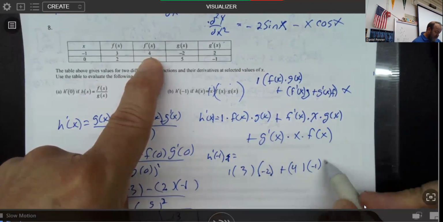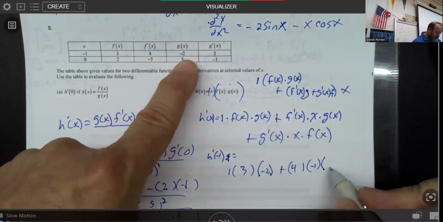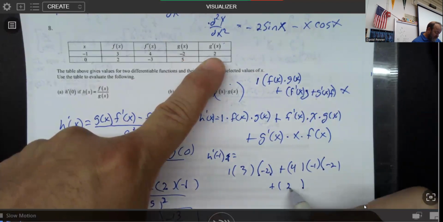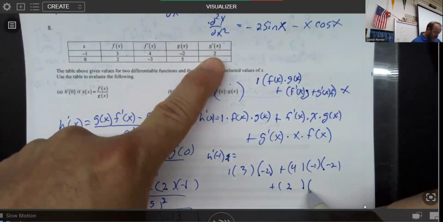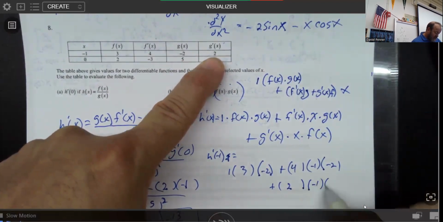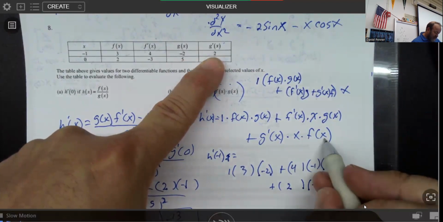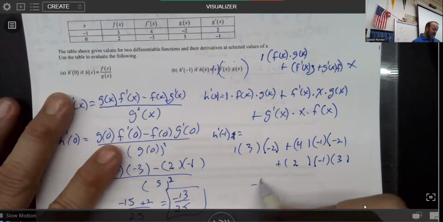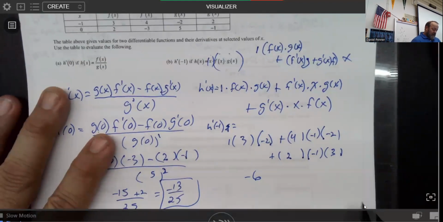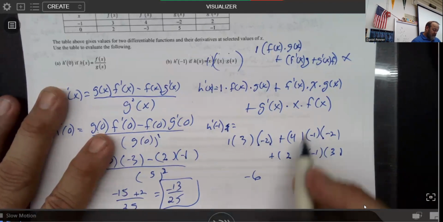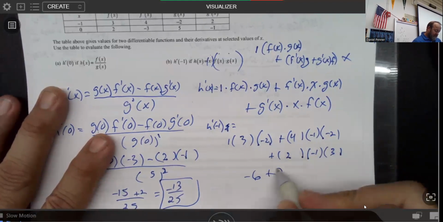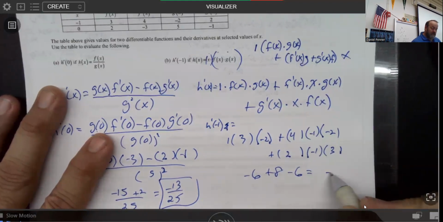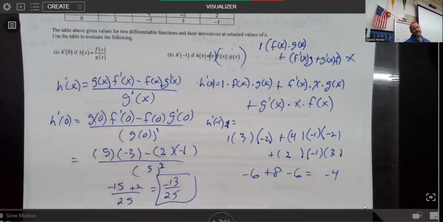And g of negative 1 is negative 2. And then we get to the last one. g prime of negative 1 is 2. x, of course, was negative 1. And our last piece, f of negative 1 is 3, and it's turned into a pretty simple evaluation problem. I got negative 6 here. I got positive 8 from this chunk, and this last chunk is another negative 6. So grand total of negative 4.